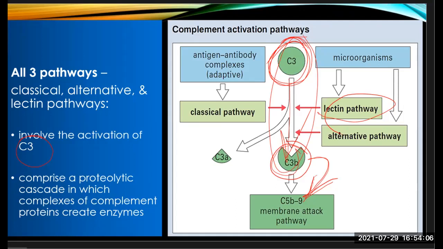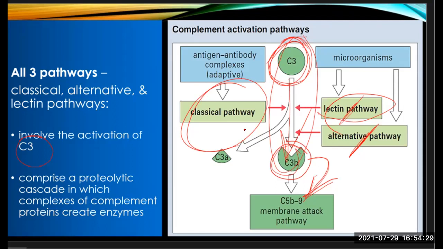I would just like to note that the alternative and lectin pathways provide antibody-independent innate immunity, whereas the classical pathway represents a more recently evolved link to the adaptive immune response.